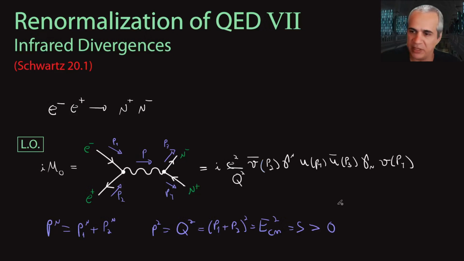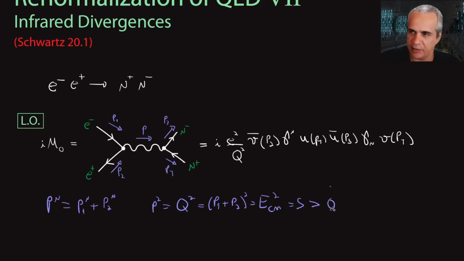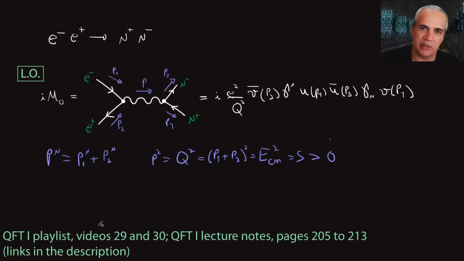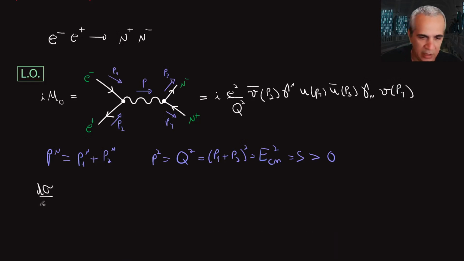In fact, we did study this scattering, specifically electron-positron into muon, anti-muon pairs, in quantum field theory 1, and we obtained the total cross-section. Here, what we care about is the ultra-relativistic limit, where we can take both the mass of the electron and the mass of the muon to 0.